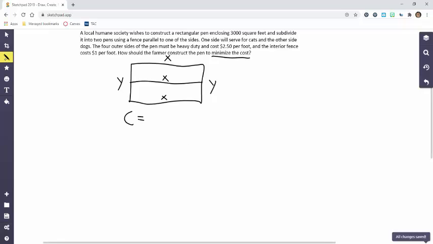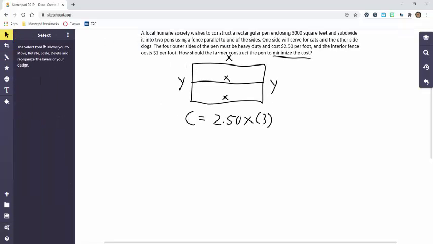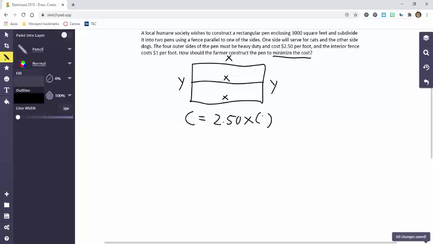So cost equals, now for the three parallel sides, we're going to go ahead and charge $2.50 a foot, and we have X feet of them, but we have three sides. So I'm going to go ahead and multiply that by 3. Except that only two of those sides have to be heavy duty.